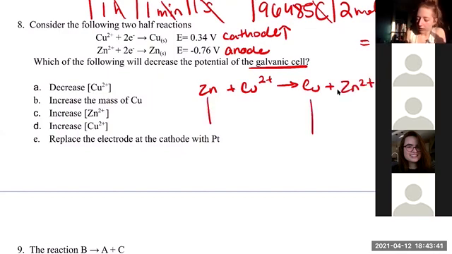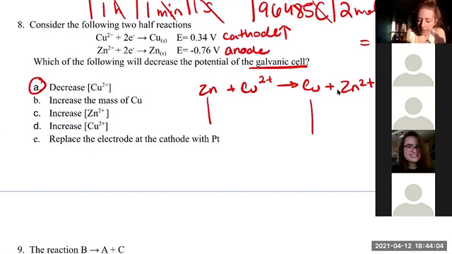The solids don't participate in the concentrations and the reaction in that way. So we will just take a look at what's happening to the copper and the zinc ions. The first one is saying to decrease the copper 2+. That would work, right? We're going to drive Le Chatelier's backward.